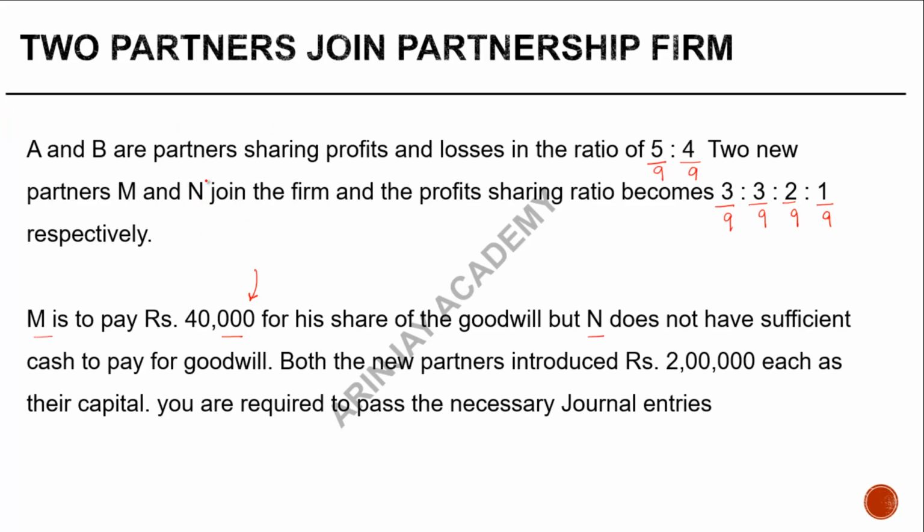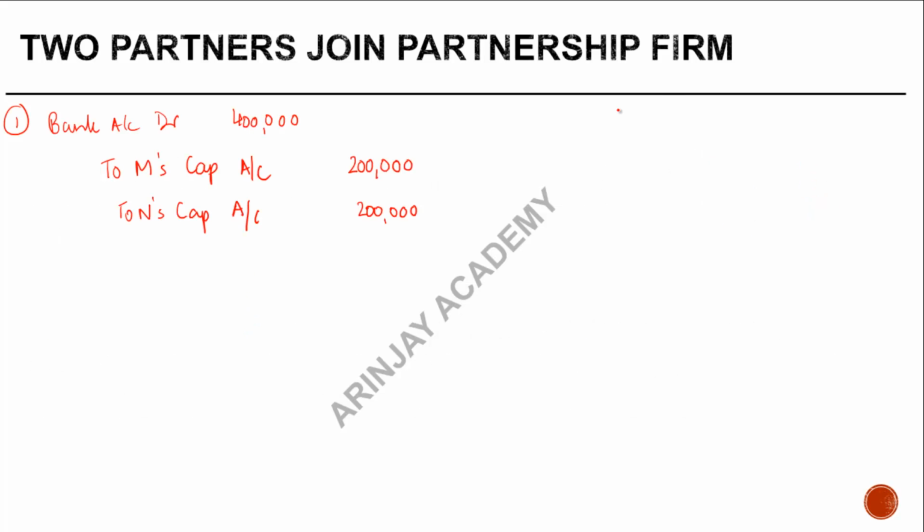You're told that M brought 40,000 as his share of goodwill. What is the share which M got? M got 2/9 of the share, right? So let's calculate the value of goodwill. M got 2/9 value of goodwill for 40,000.